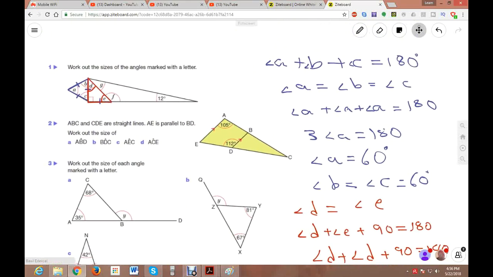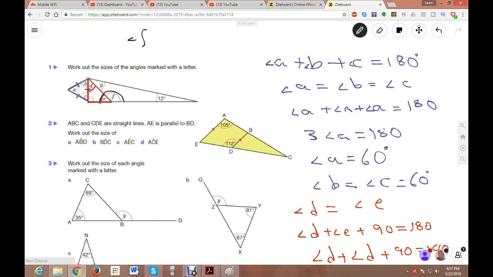Now, what is left is G, F, and 12. Angle G and angle F, that is what is left. So if we just focus on this angle, this is fully 180. So angle E, if it is 45, then F is going to be definitely 180 minus 45. So that will be 135.